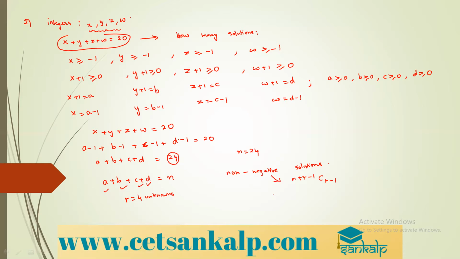So this formula we will use. N is 24, R is 4, so 4 minus 1, C 4 minus 1. So that means you will have 27 C 3 non-negative solutions for this particular equation.